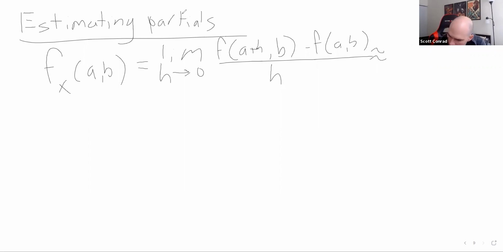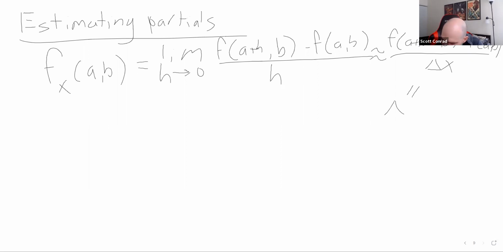So this is approximately, we change the x coordinate by delta x. Look at how f changes, and then divide by the change in x.